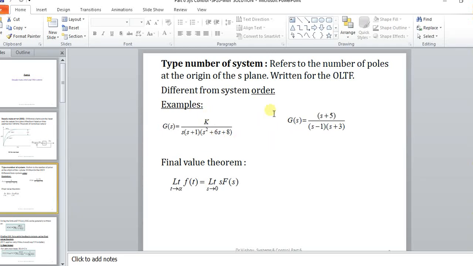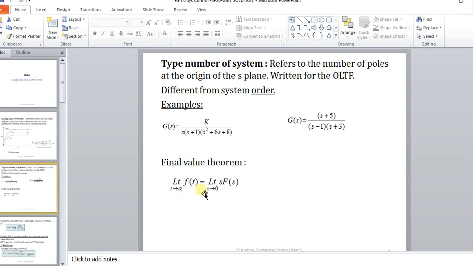To find the steady state error of any system, we use what is called the final value theorem. Maybe you know this from Laplace transformations, which you might have studied in semester 5. It says if you have a function f of t and let t go to infinity, that means I want to know what happens to f of t as time goes to infinity.